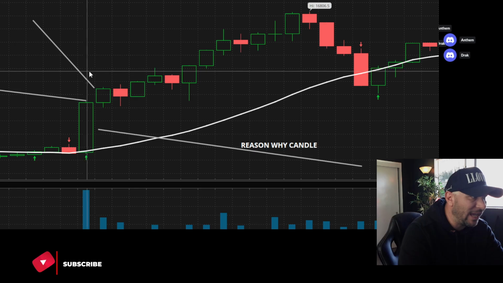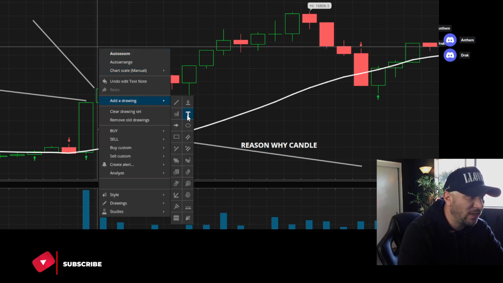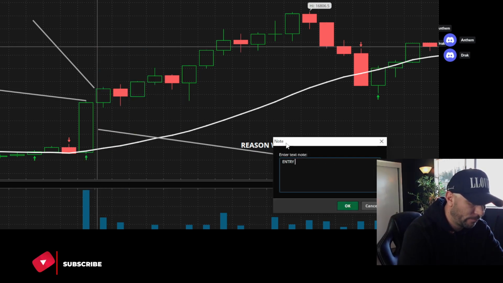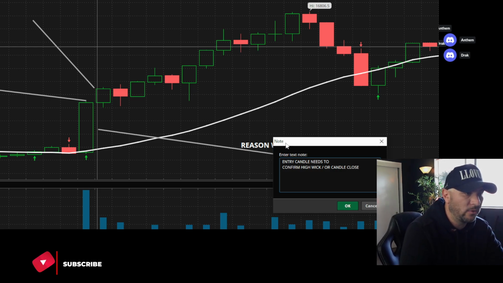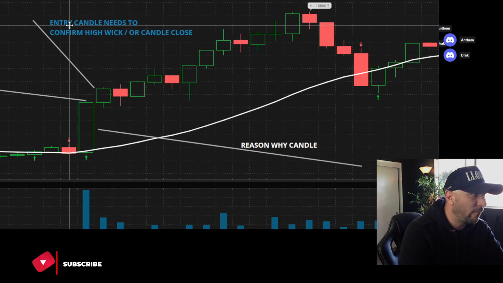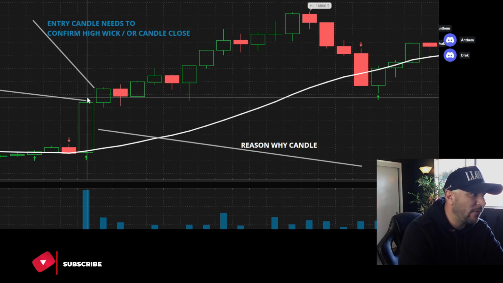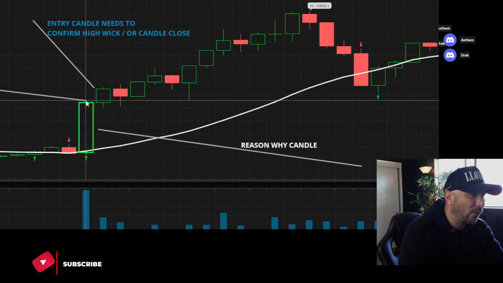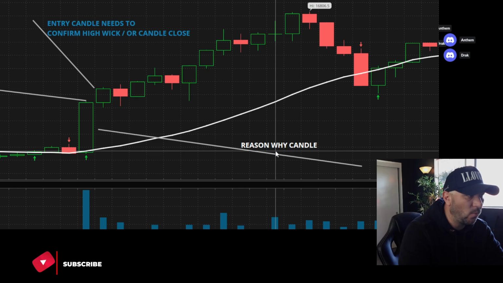Our entry candle needs to confirm the high wick or candle close, whichever one's higher. Sometimes candles don't have wicks. So your entry candle becomes the following candle if it confirms the high wick or the close of the reason why candle.